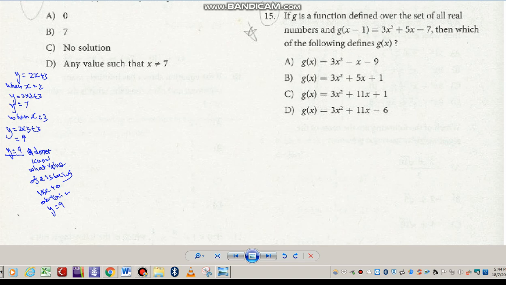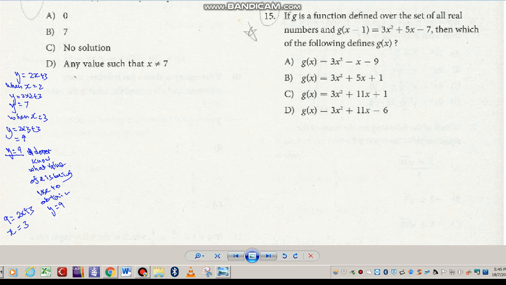But no doubt you can actually put 9 into the equation 2x plus 3. When y is 9, you work it out, you know x is actually 3, which makes y become 9. But first look, you do not know.